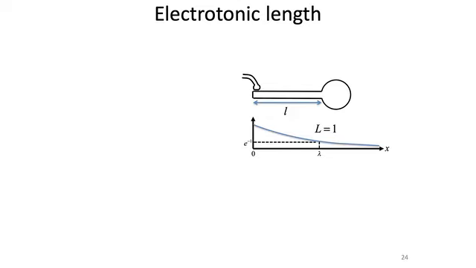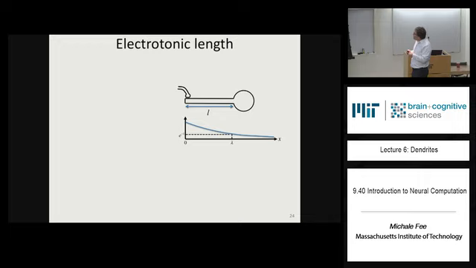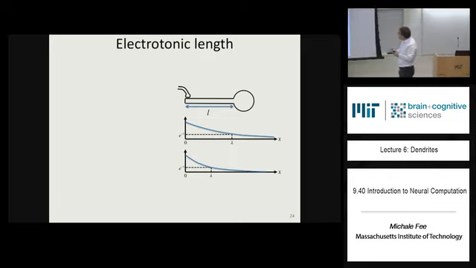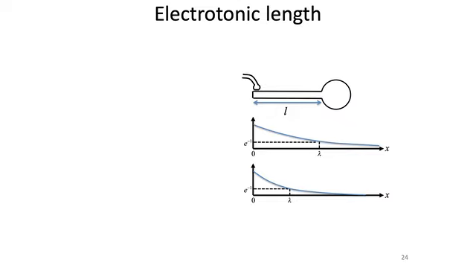So in this case, there's very little decay. The signal is able to propagate from the site of the synapse to the soma. In this case, a slightly smaller piece of dendrite might have a shorter lambda, and so there would be more decay by the time you get to the soma. And in this case, the lambda is really short, and so the signal really decays away before you get to the soma.